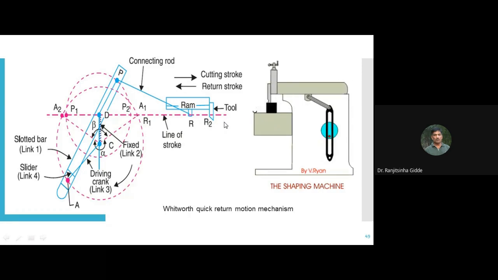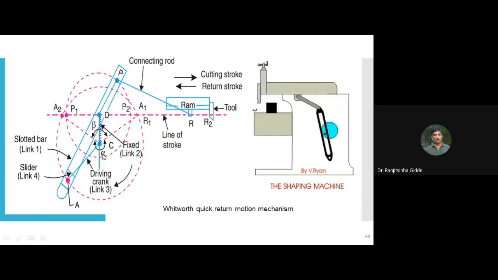Whenever this crank is going to rotate in this way, this is the first position, you can assume A1. Starting from this A1 up to this A2, what is the angle?